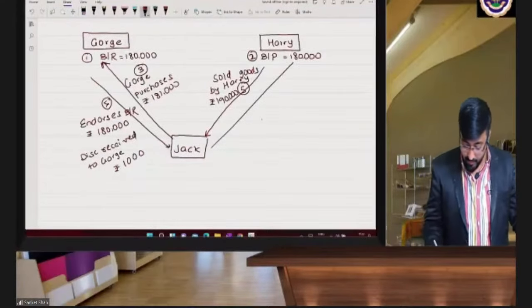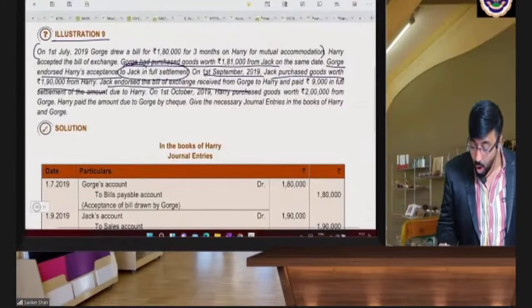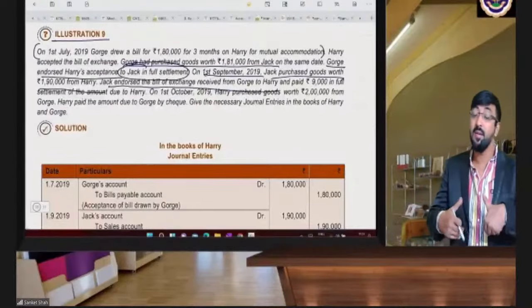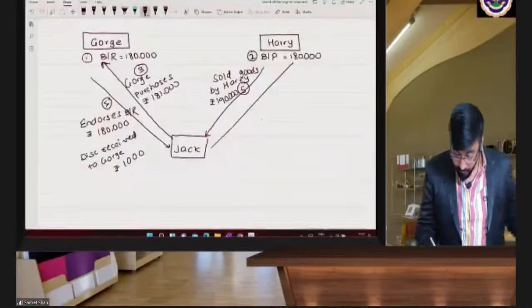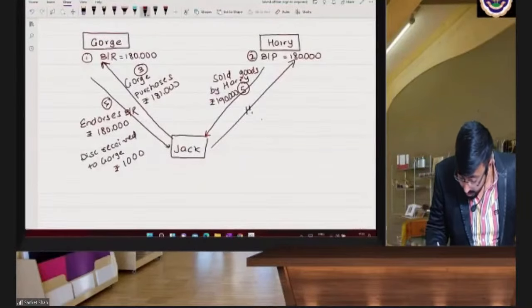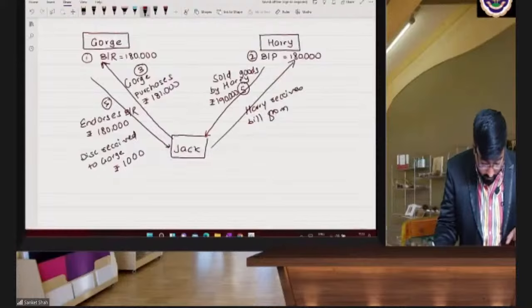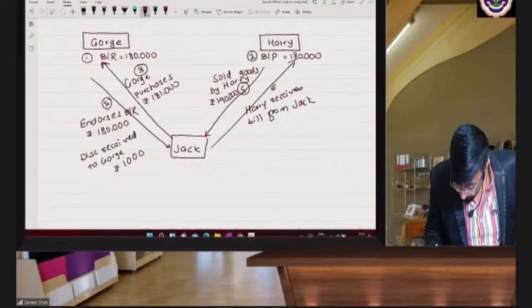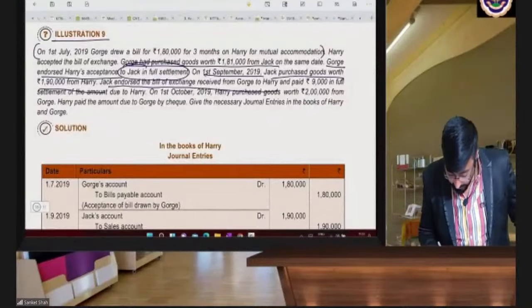And now what happens? Number 6 entry: Jack endorsed the bill which is received from George. So Harry has a bill of his own acceptance. Here Harry receives a bill from Jack, rupees 1,80,000.